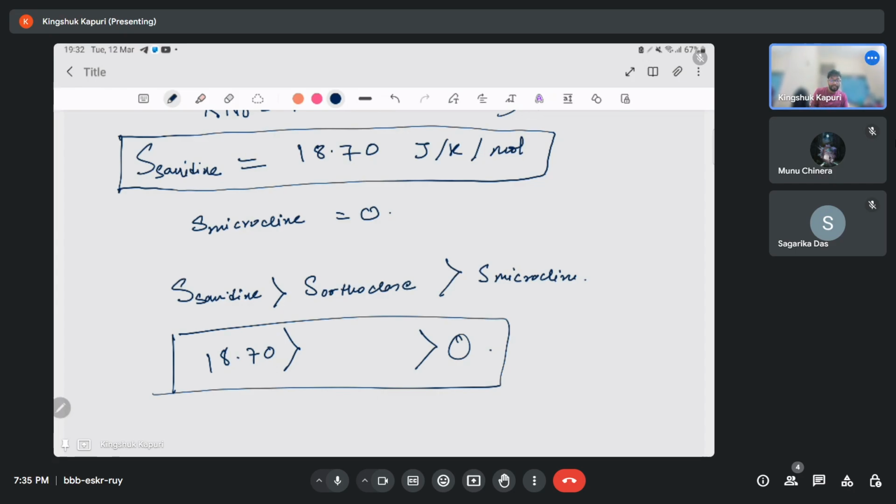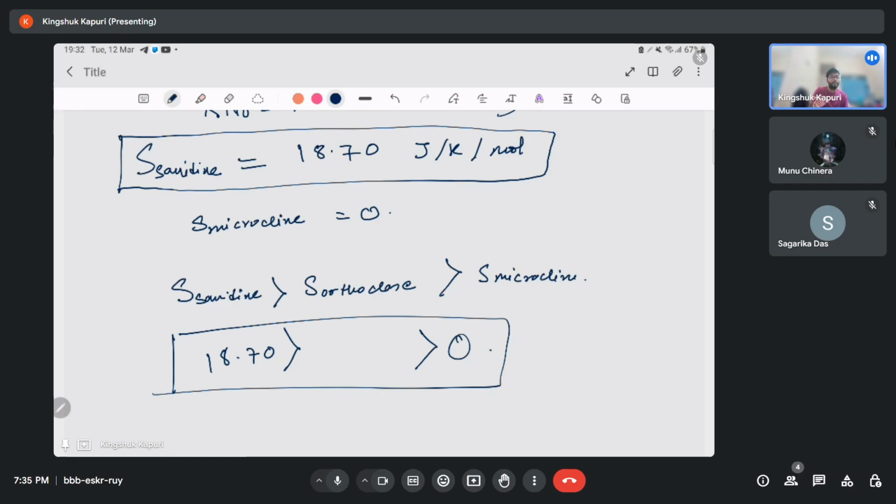And from this we can infer that we can find S sanidine in volcanic rocks, because volcanic rocks are subjected to higher temperature. That is the reason we generally find S sanidine at higher temperature, and for this reason Si and Al in sanidine can swap, or interchange, their positions.